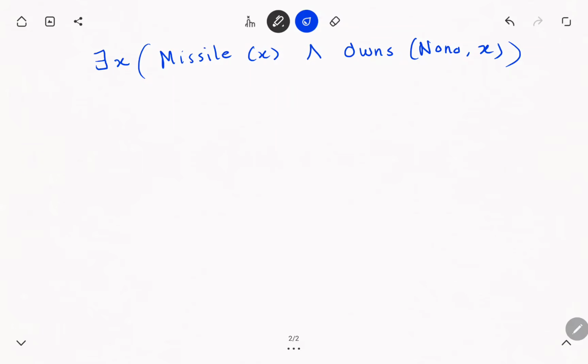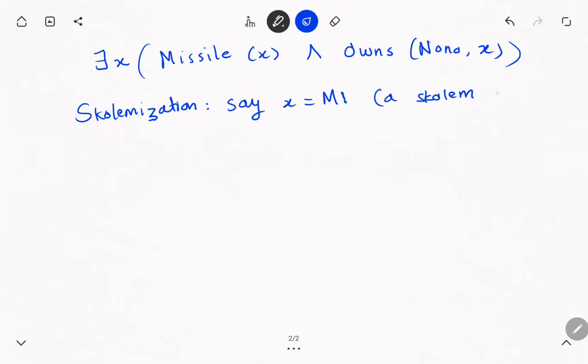Now for removing the universal quantifier, we had used universal instantiation. To remove the existential quantifier, we have to use skolemization. We use skolemization, that is, say x equal to m1, and this m1 is a Skolem constant.